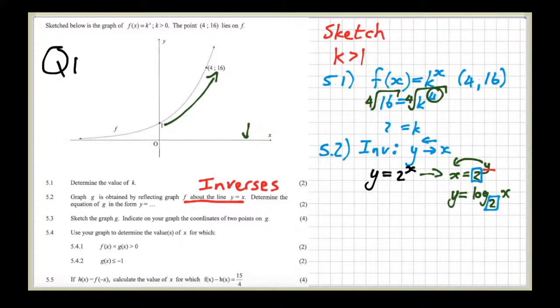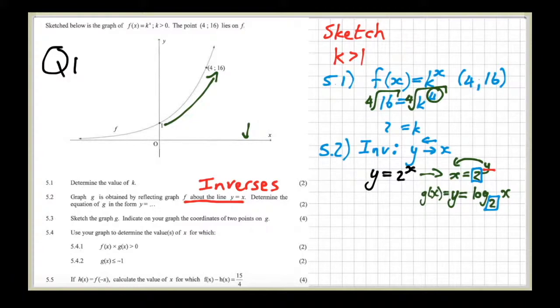Let's just label this now g of x, and that is equal to log base 2 of x. Simple and straightforward. Remember, if you get stuck somewhere, if I'm going maybe a bit too fast, you can always just pause, rewind a little bit, and rewatch what I'm doing.